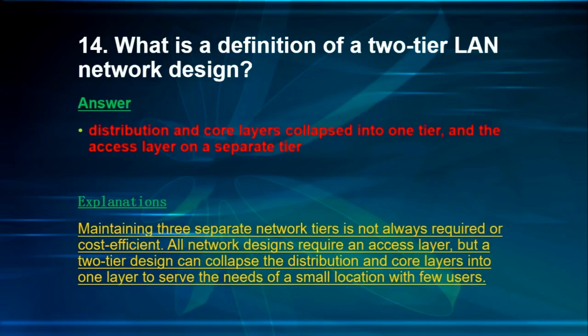Maintaining three separate network tiers is not always required or cost efficient. All network designs require an access layer, but a two-tier design can collapse the distribution and core layers into one layer to serve the needs of a small location with few users.